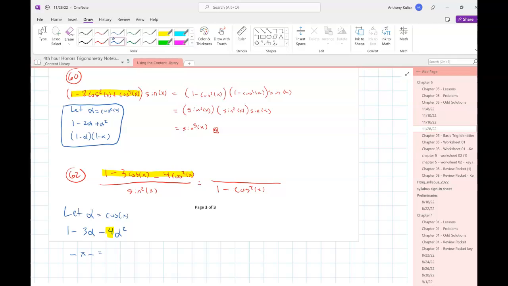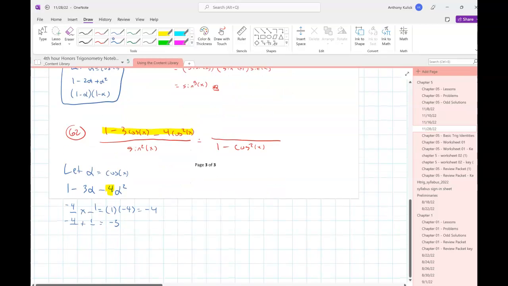The two things have to multiply to give me the constant term times the leading coefficient, and then add to give me that middle term. So what multiplies to give me -4 and adds to give me -3? -4 and +1, right, people? Should be really fast with these.